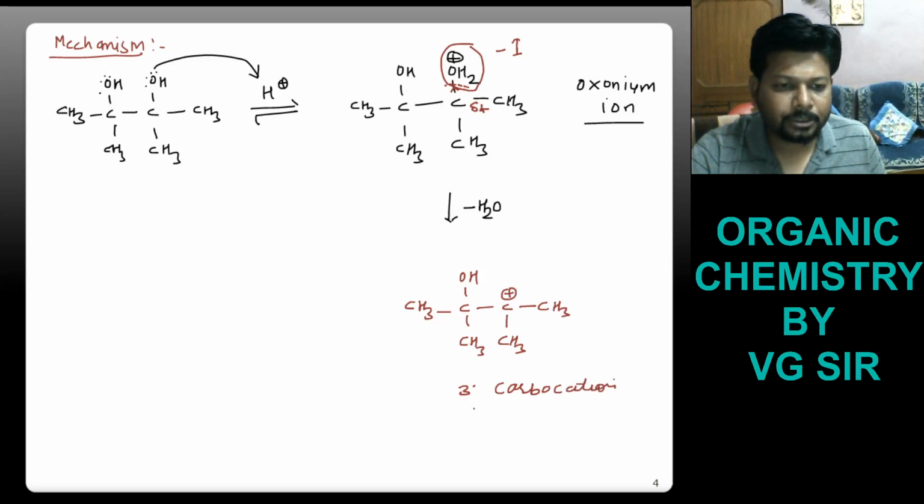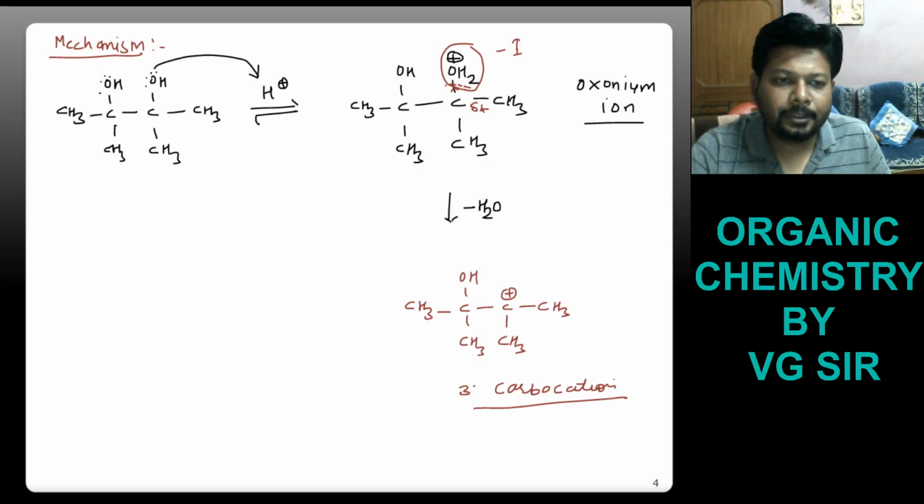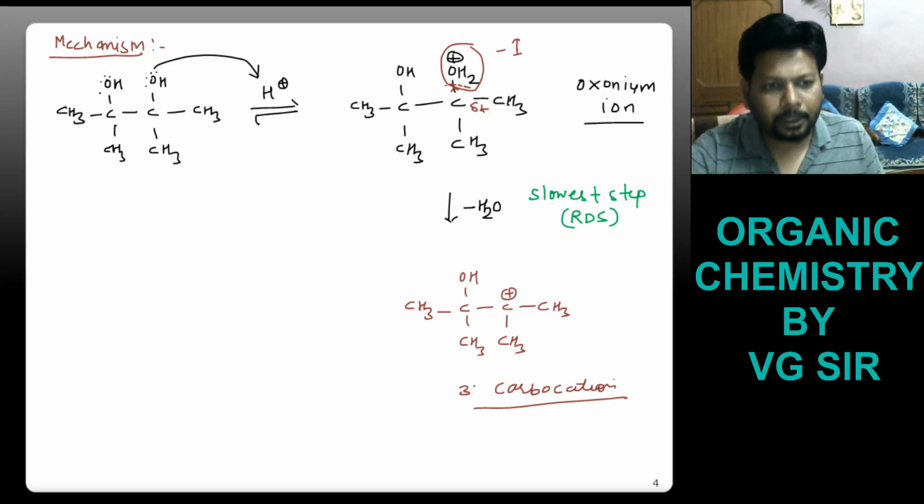So in this reaction we are getting a 3-degree carbocation as an intermediate. Is that clear? And this is the slowest step of this reaction, so it is known as the rate determining step, or RDS. That is, the formation of a 3-degree carbocation is the rate determining step of the pinacol-pinacolone rearrangement.